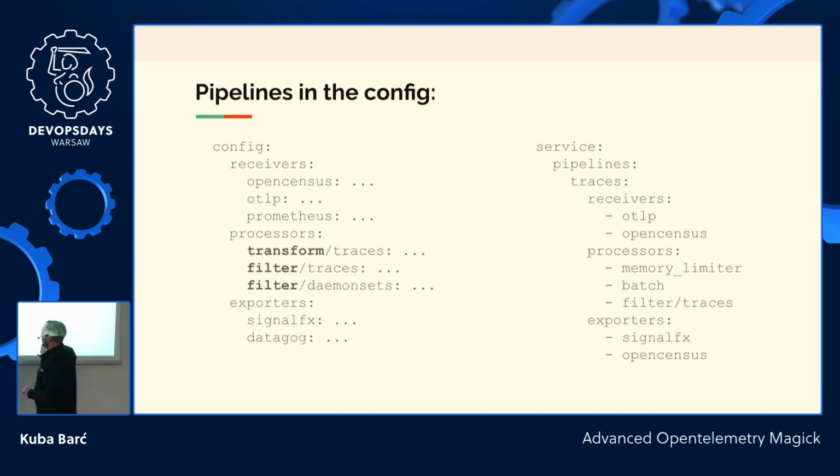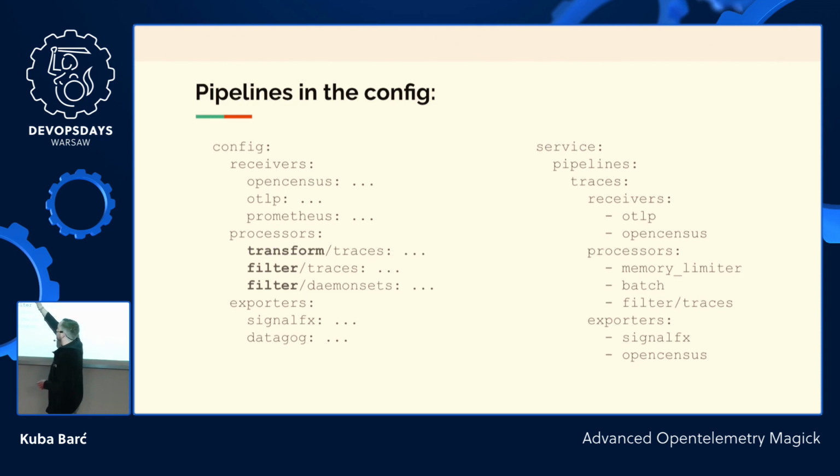And the way that is also nice to remember is when you have a Datadog exporter, it actually identifies a piece of code. If you have, I don't know, OpenCensus receiver, there will be some component, some Go module called OpenCensus receiver. So if at some point you want to use multiple filter processors, this is how you make it happen.